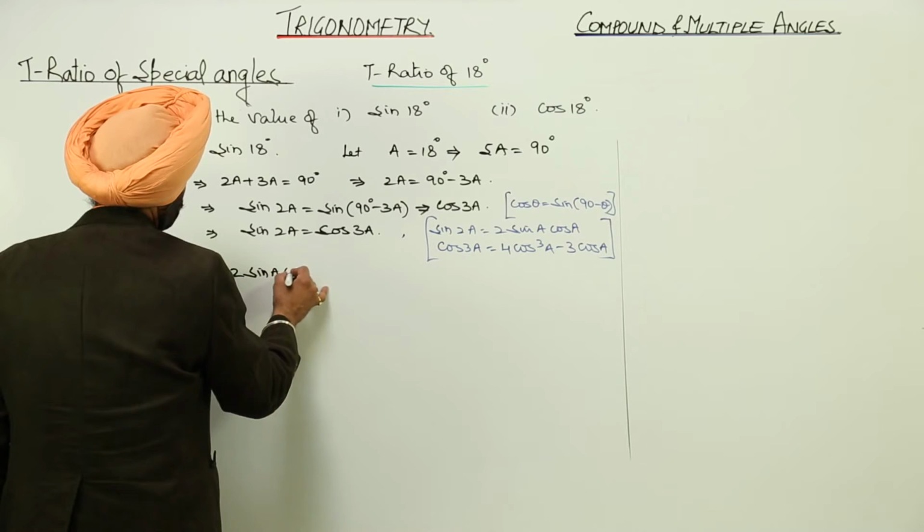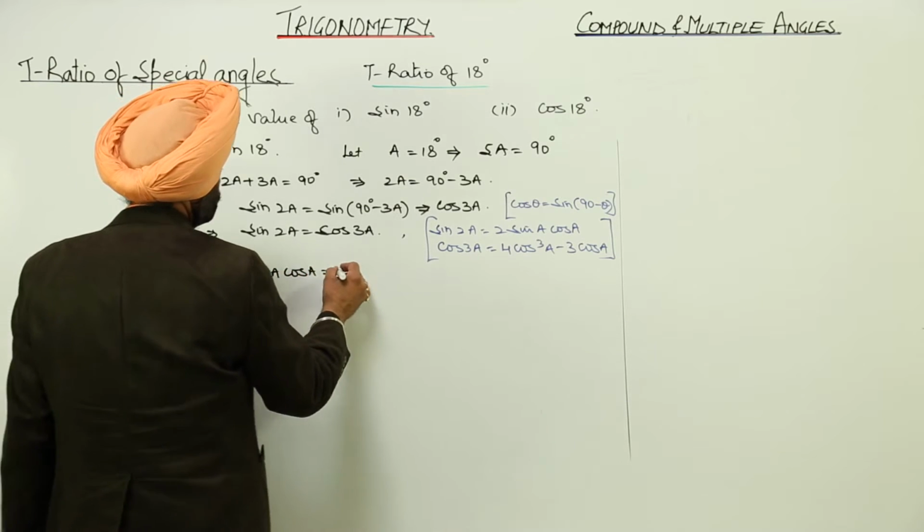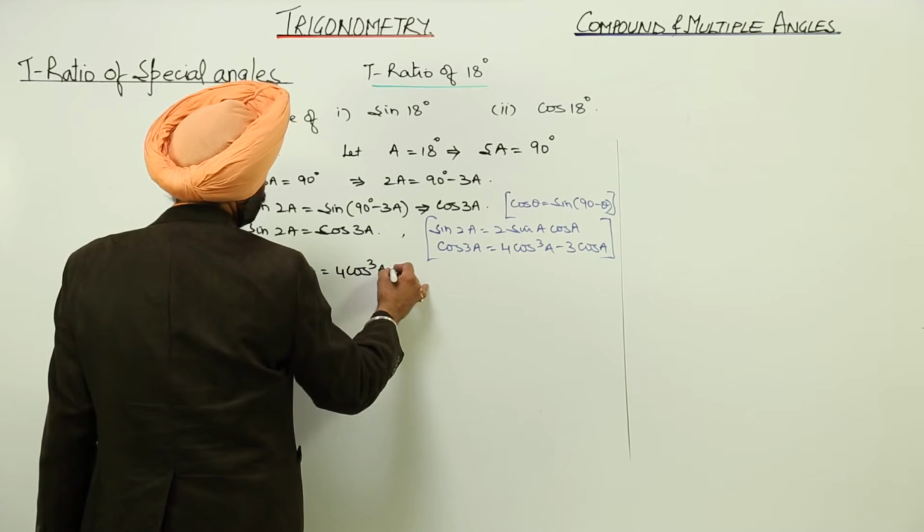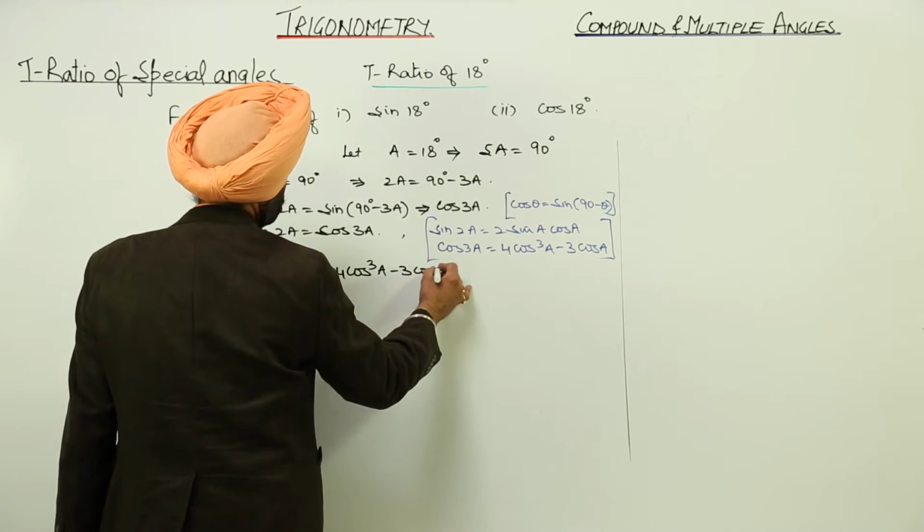Twice of sin A cos A is equal to 4 cos cube A minus 3 cos A.